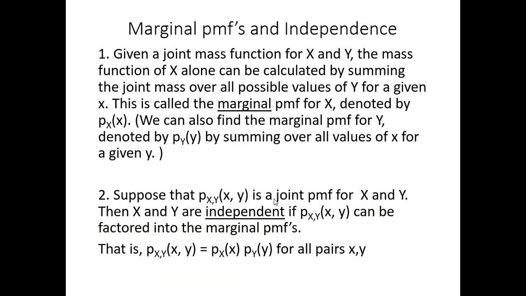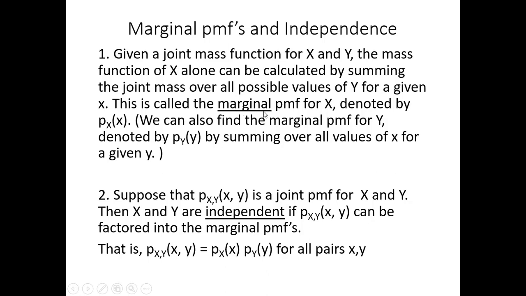Some other important ideas related to joint distributions are what is called the marginal PMFs and the independence of our 2 random variables. So let's start with the marginal PMFs. Suppose you're given a joint mass function for x and y. The mass function of x alone can be calculated by summing the joint mass over all possible values of y for a given x.